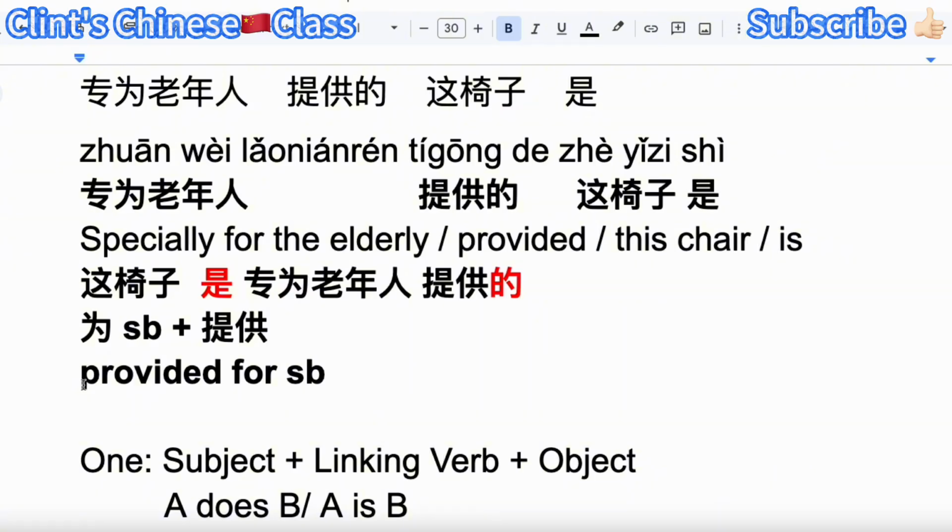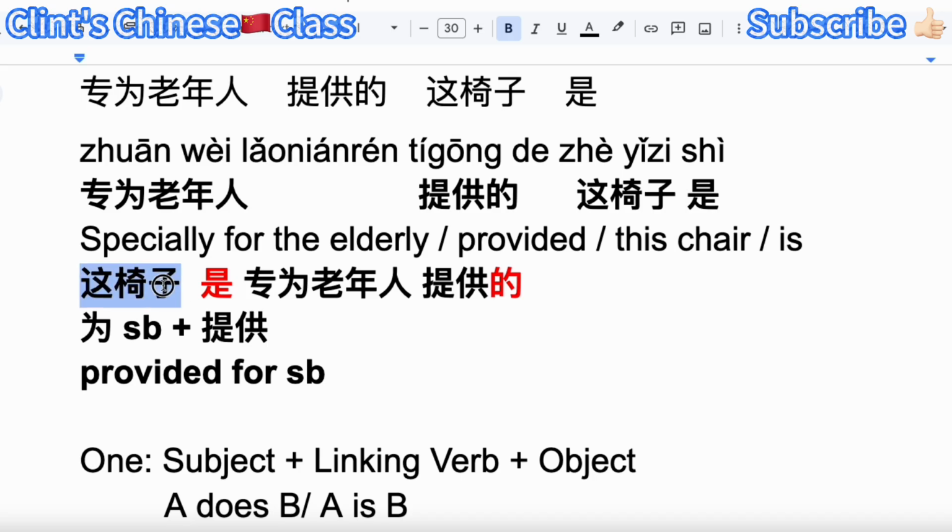Whenever you want to say something is provided for somebody, just use this pattern. 为 somebody plus provide, 提供. Okay. So we emphasize this piece of information, provide for the seniors.